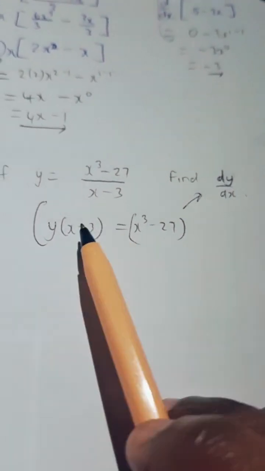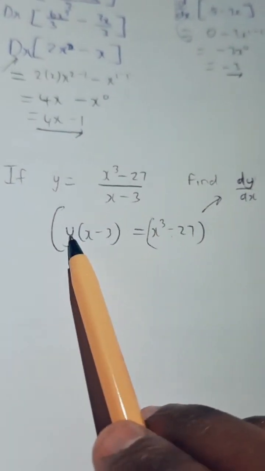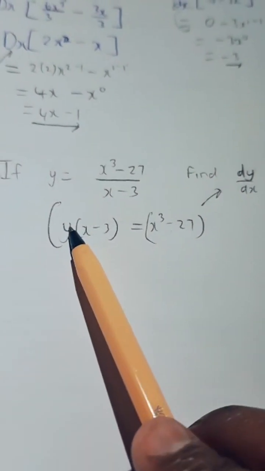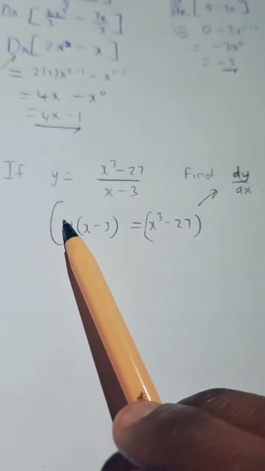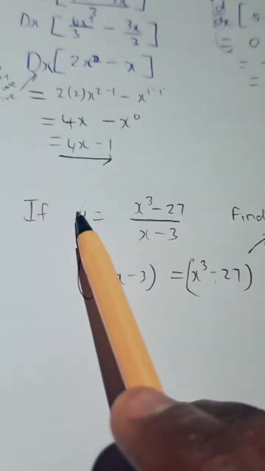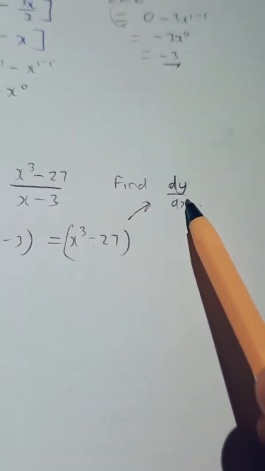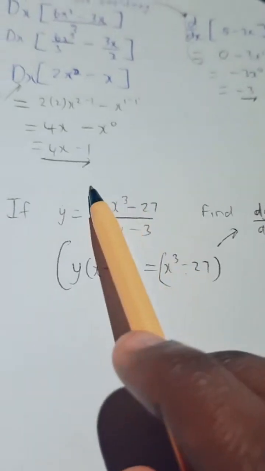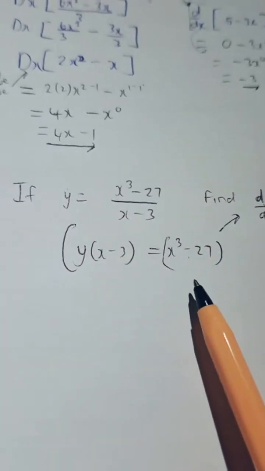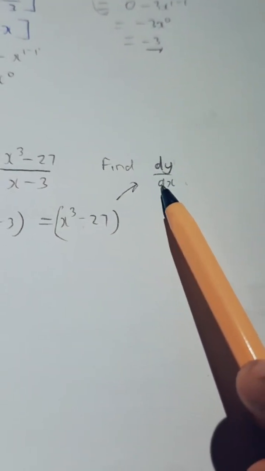So in this situation you would have had to first make y the subject of the formula. And the reason why you are going to make y the subject of the formula is because we are being asked to derive this function with respect to x, which means in the main body we have to have x. It can't be any other way, because we have to derive with respect to x.